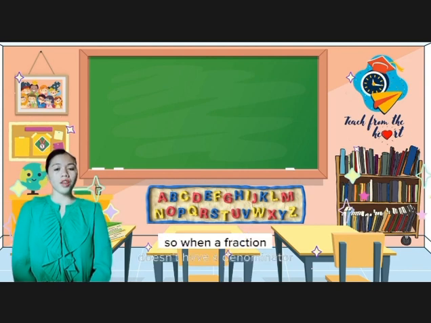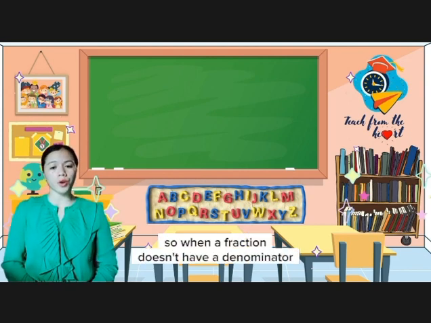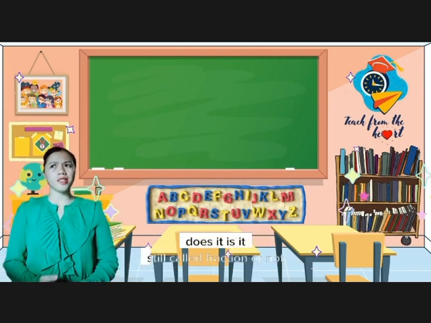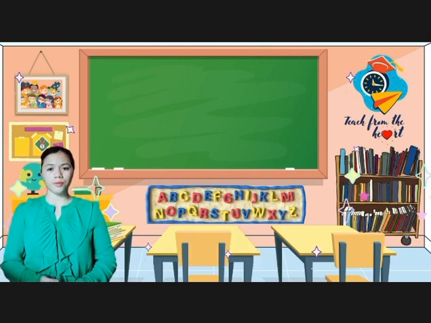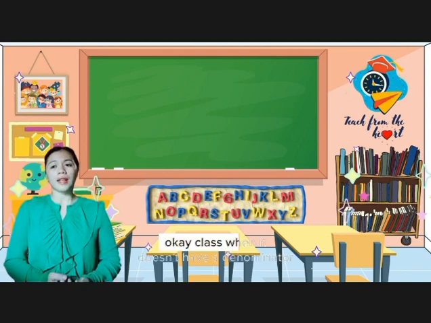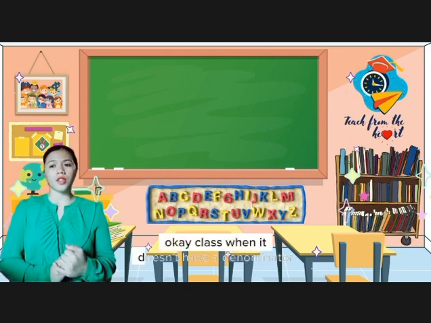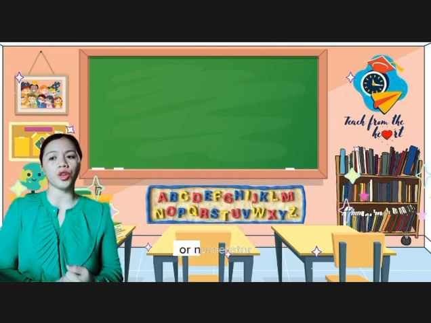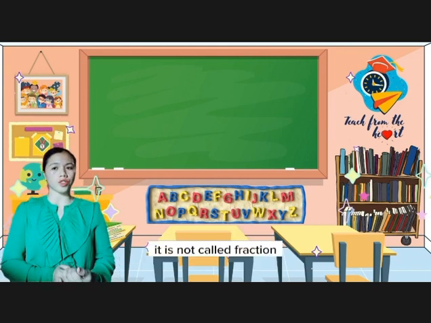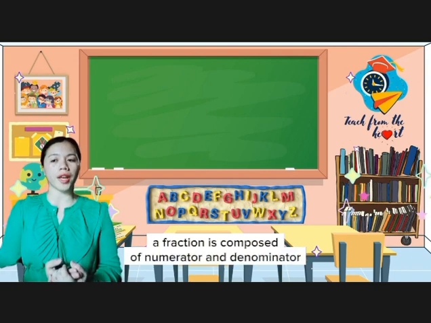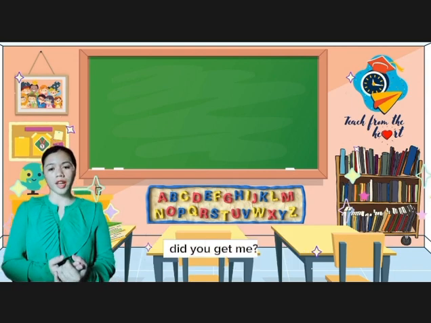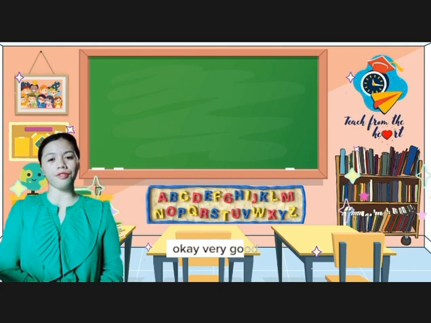When a fraction doesn't have a denominator, is it still called a fraction or not? Okay, class, when it doesn't have a denominator or numerator, it is not called a fraction. A fraction is composed of a numerator and denominator. Did you get me? Okay, very good.